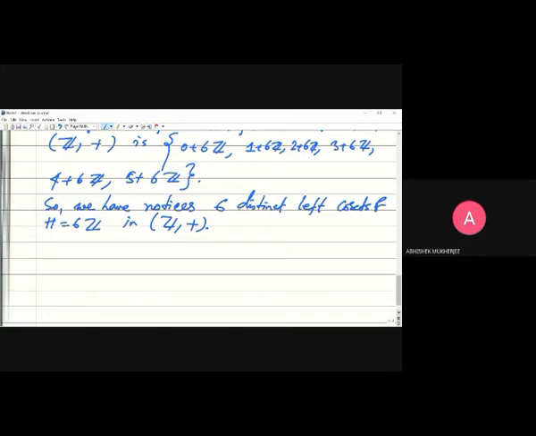And with respect to this observation, we are tempted to define, in general, the cardinality of the set of all left cosets of a subgroup H in a given group G as a determining factor to characterize the groups.